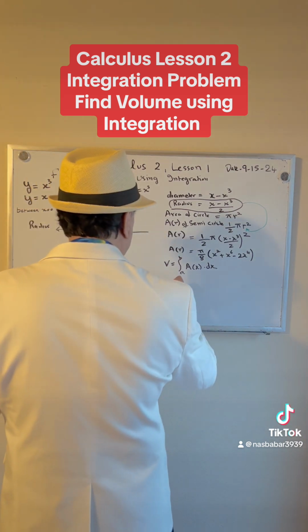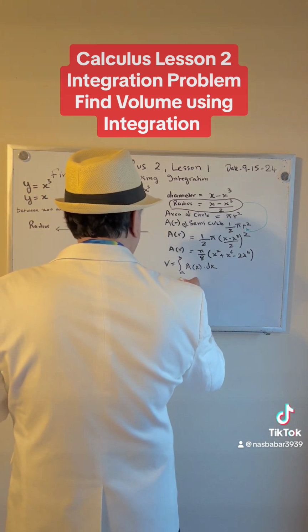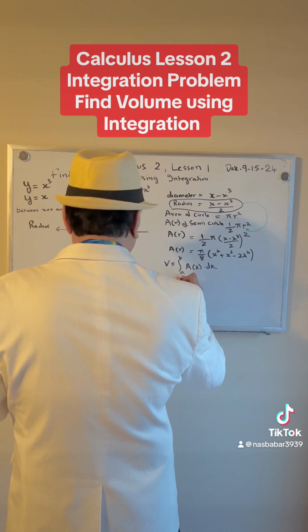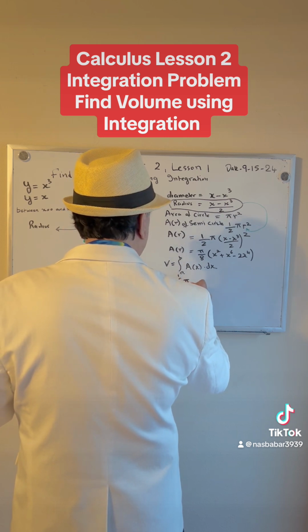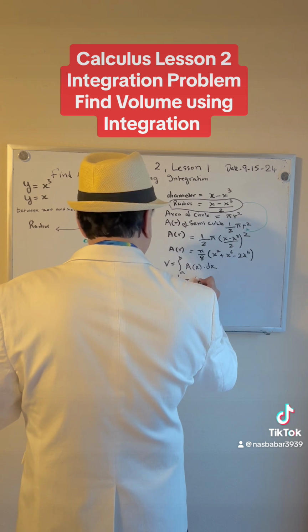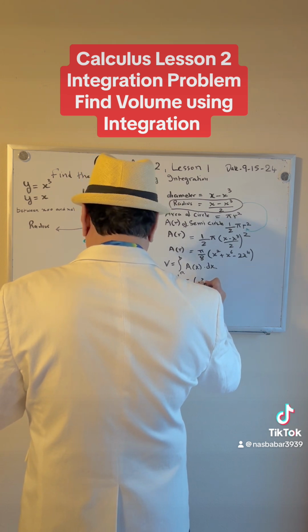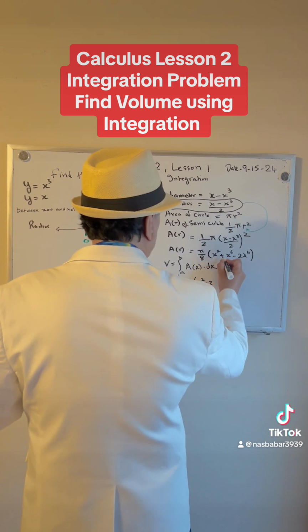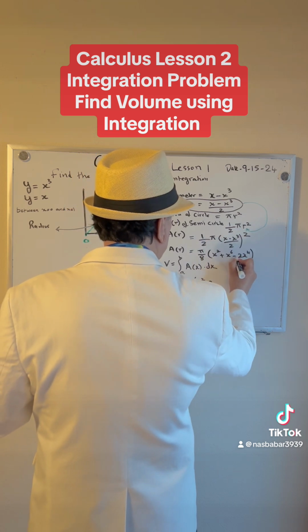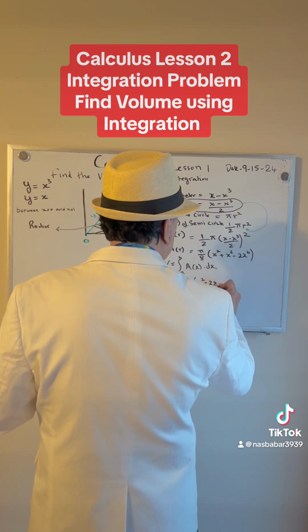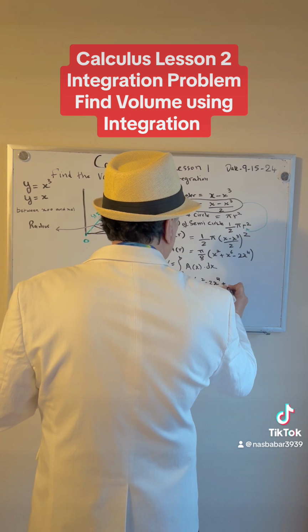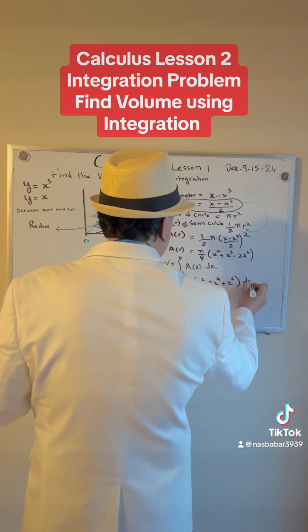So V is equal to the integral from 0 to 1 of pi over 8 into x squared minus 2x^4 plus x^6, rearranging this and plugging it in right here, dx.